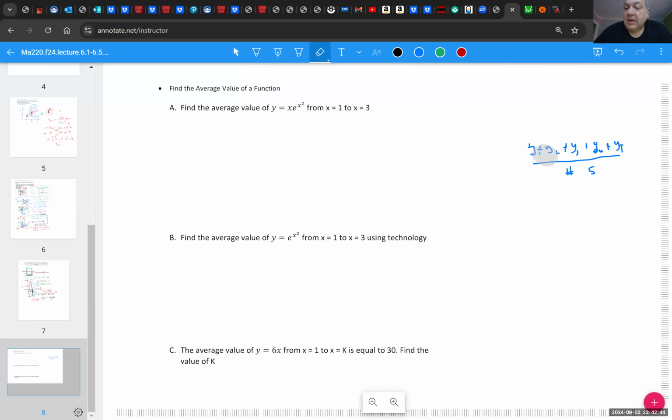In a continuous graph, it's going to be very similar, but it's hard to just count things because there's an infinite number of tiny little rectangles you're going to be using. Imagine we have a graph of a function, and we're going from 1 to 3.